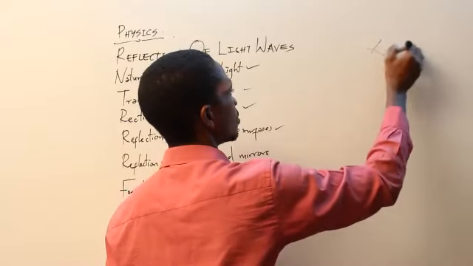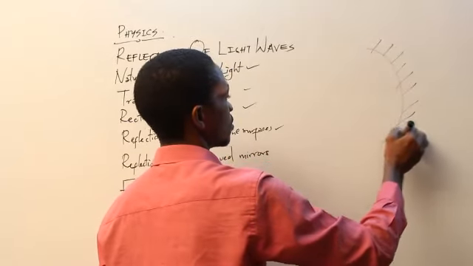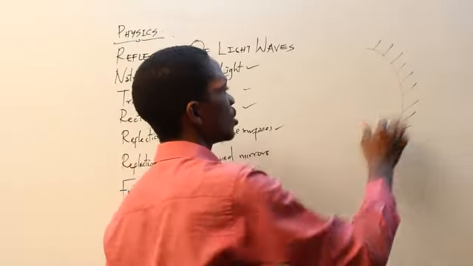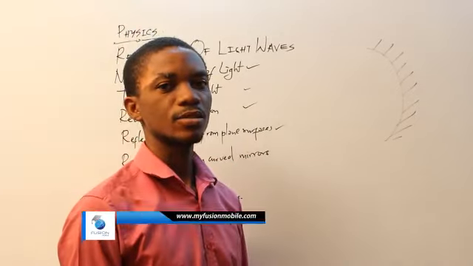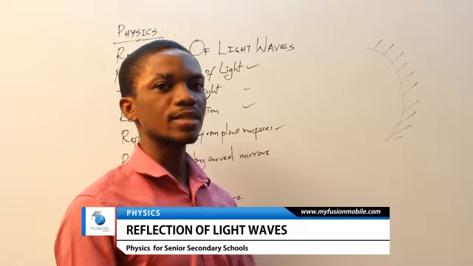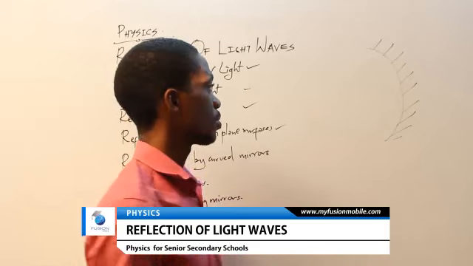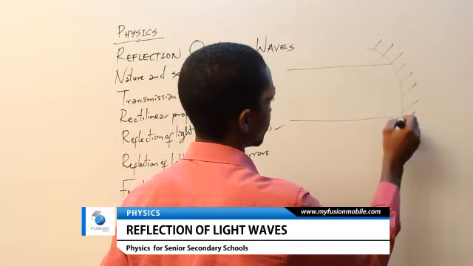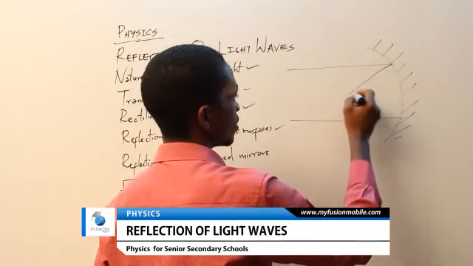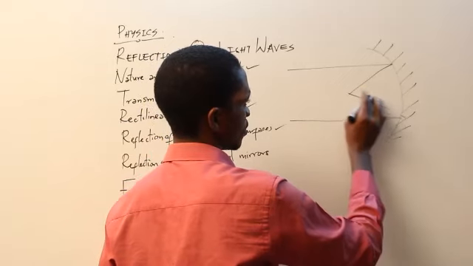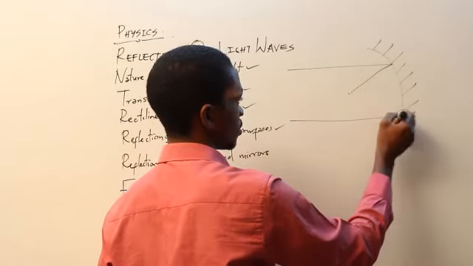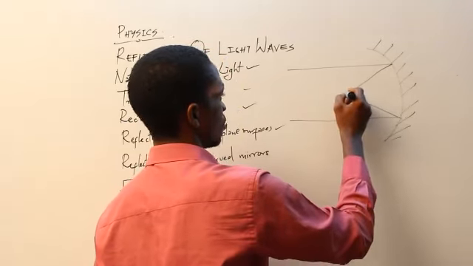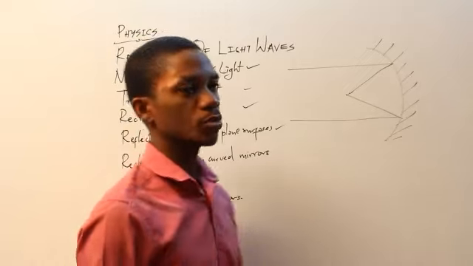Concave lens, instead of it scattering the light, it brings the light together. It brings the light to one spot. So when the light is coming, it reflects the light and brings the light to one spot.